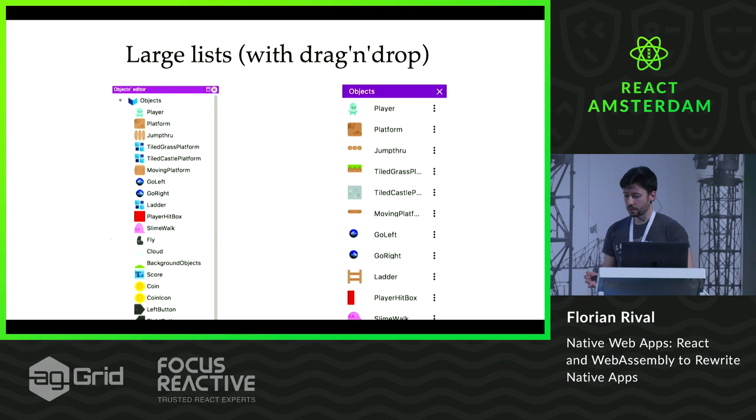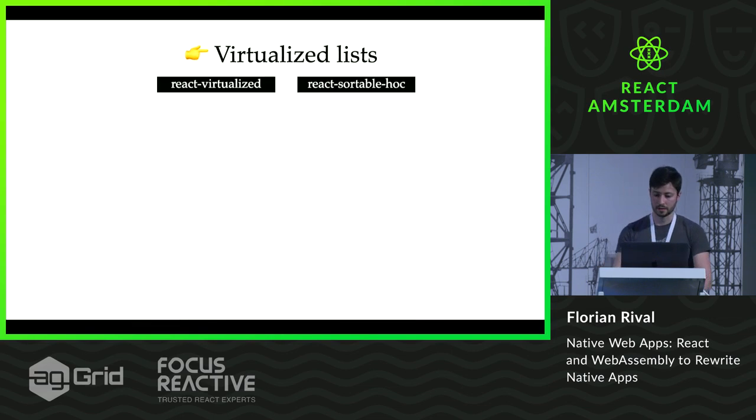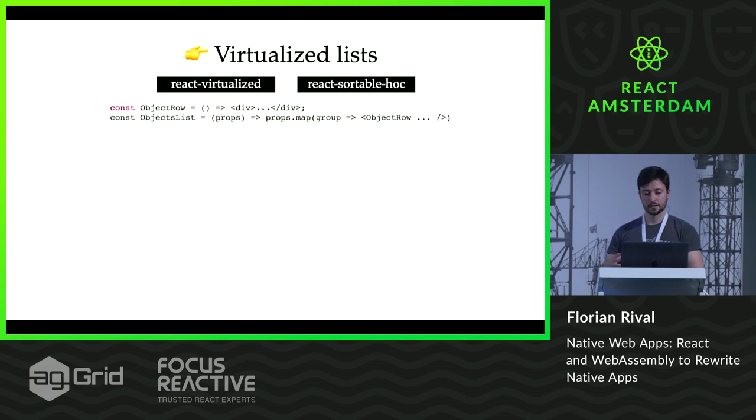Then the first challenge that I had was I wanted to display a large list. By large, I mean a list containing, for example, hundreds of objects. So in your game, you can have 100, if not maybe thousands of objects. So the solution for this was to use a virtualized list. For example, using React Virtualized and React Sortable HOC, you can go from one list that is just displayed by iterating on the list of objects to a virtualized list.